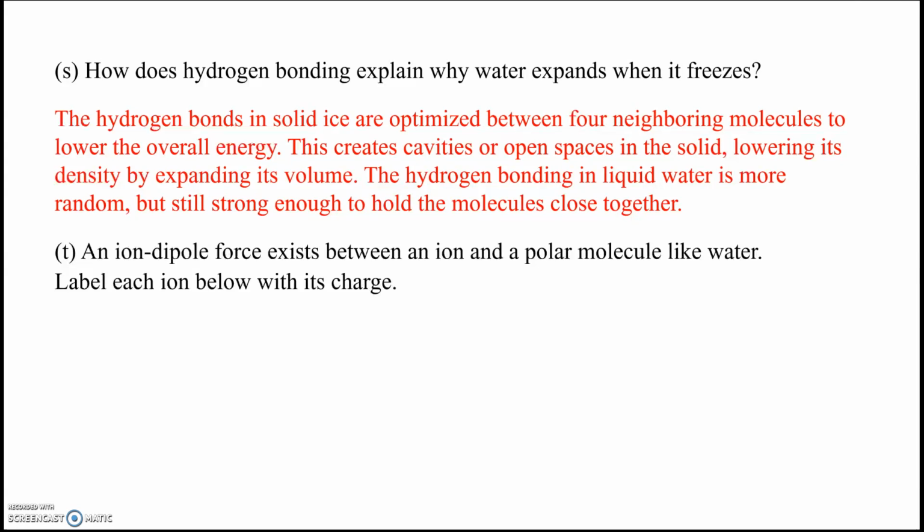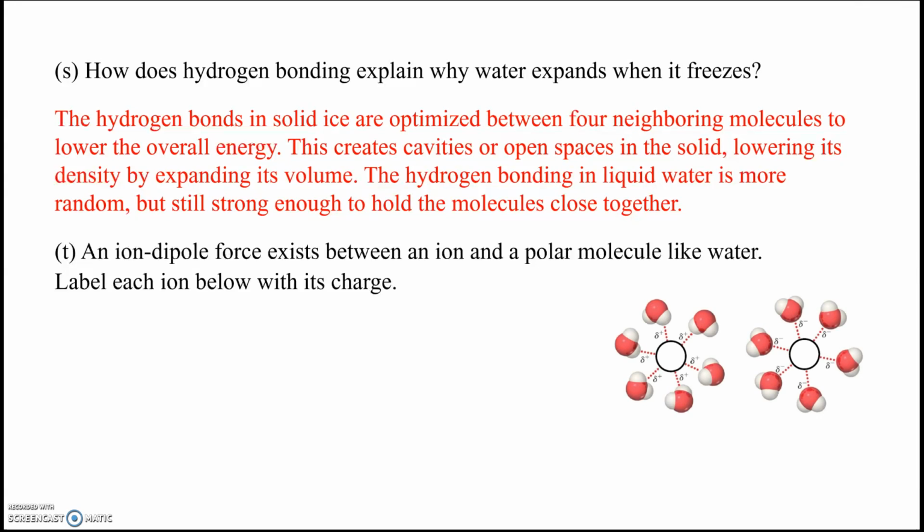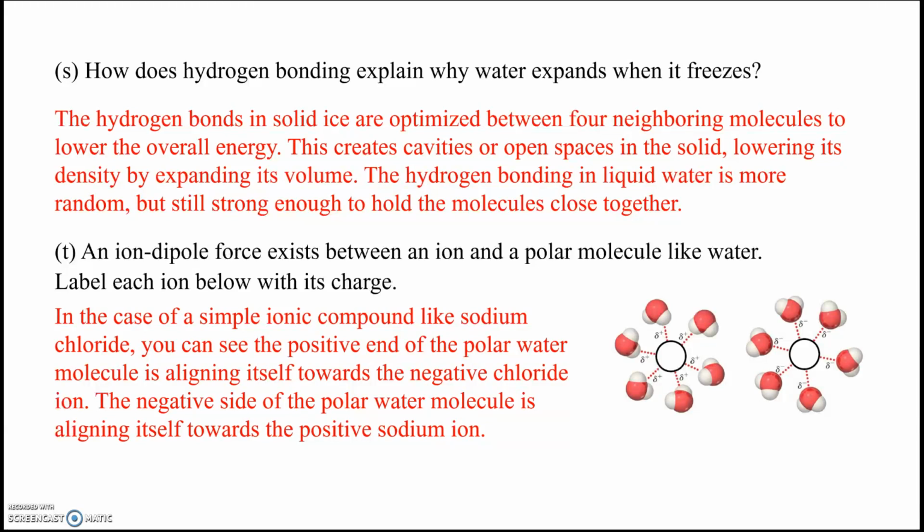Question T says an ion-dipole force exists between an ion and a polar molecule like water. Label each ion below with its charge. All right, so here we've got water surrounding various ions, and you can see we have it oriented in a particular way.